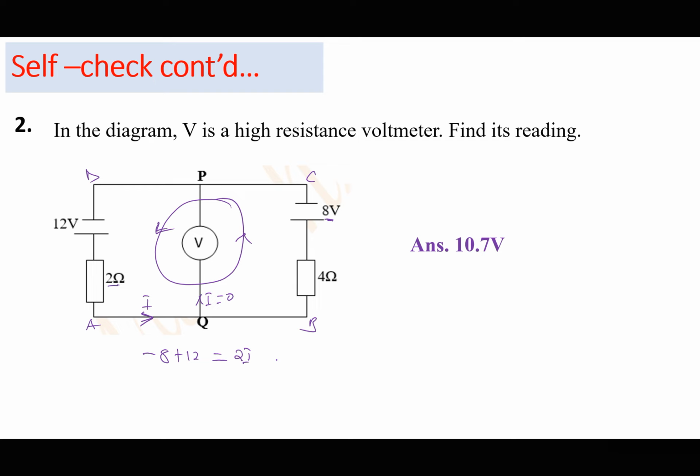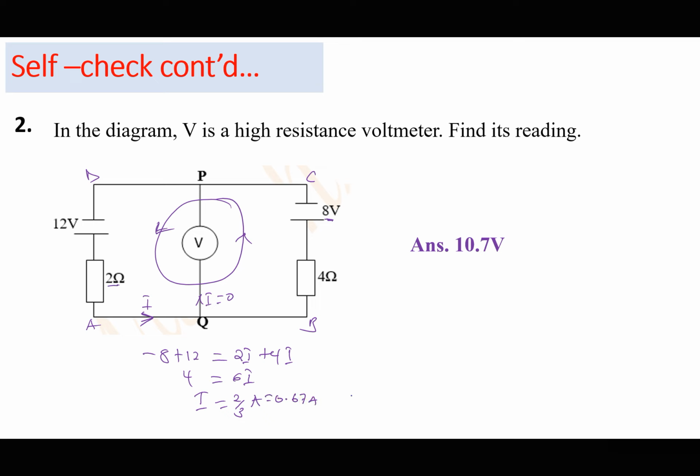The current is in the same direction as the loop, so it is 2I plus 4I. So this gives me 4 equals 6I, which means the current is 4 divided by 6, which is going to be 2 over 3 amperes. That is the current, or 0.67.